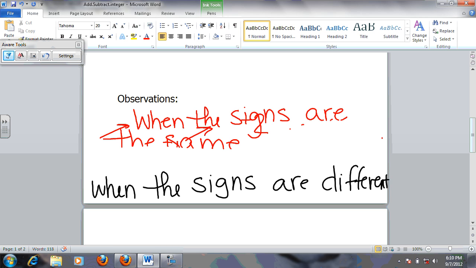When the signs are the same, we add and keep the sign.